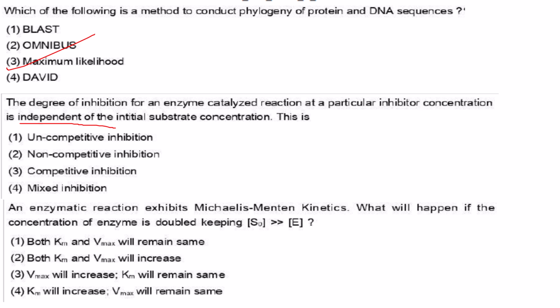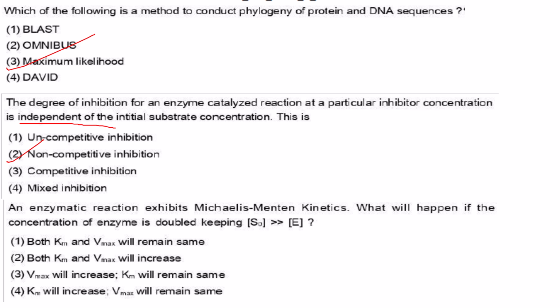In uncompetitive inhibition, the inhibitor binds to the enzyme substrate complex, so it is going to depend on the substrate concentration. Then non-competitive inhibition binds to a region other than the site where the substrate is binding, without affecting the substrate binding. So it is independent of initial substrate concentration. So 2 is the answer.